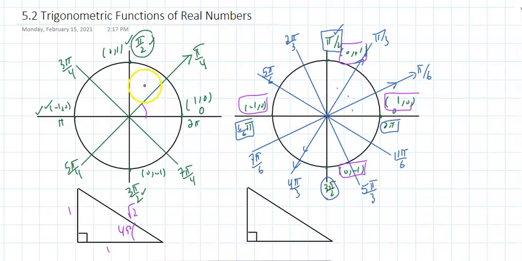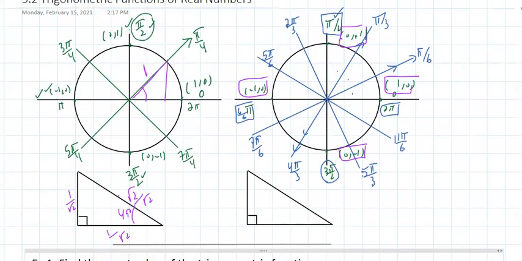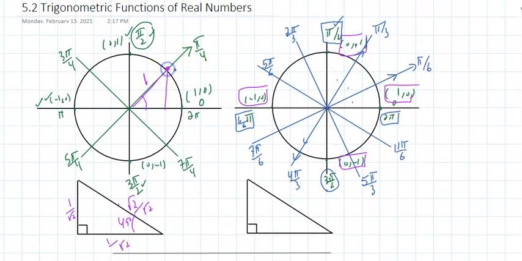But I know here this is a unit circle, so this is a 1. What that means, to make this a 1, I would divide this by 2. And in trigonometry, they say, hey, cosine of 45 is the x, that's 1 over radical 2, and sine is 1 over radical 2.